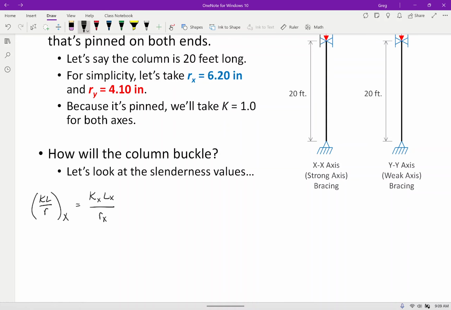Because the column's 20 feet long. Bear with me, you'll see what I mean, okay? So I told you that the K values were 1, okay? The column is 20 feet long, and the radius of gyration is 4.10 inches. Before I do any math, does anybody have any problems with this?